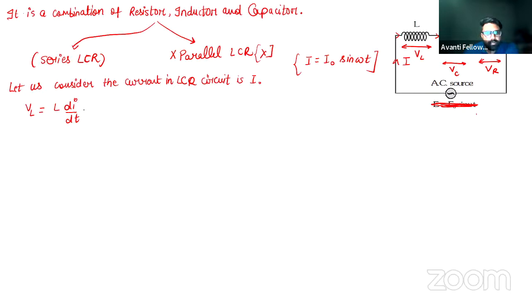Now, from this equation, L di by dt will become L d by dt of I naught sine omega t, and it will become I naught XL cos omega t. This is equation 1. Does anyone have a doubt? Because differentiation of sine omega t will become cos omega t, and the extra term omega into L becomes XL, which is the inductive reactance.